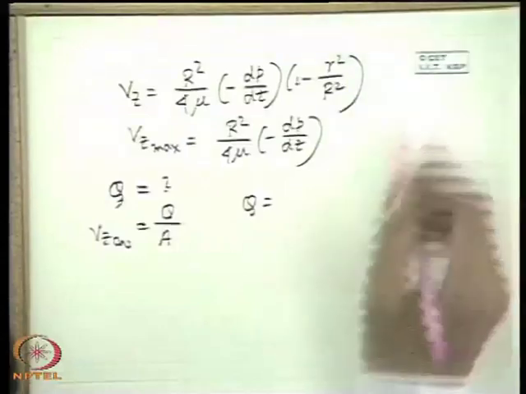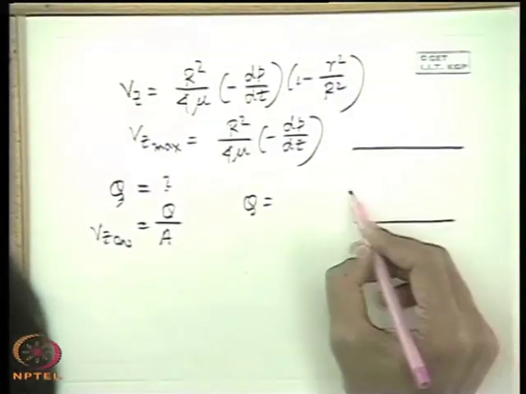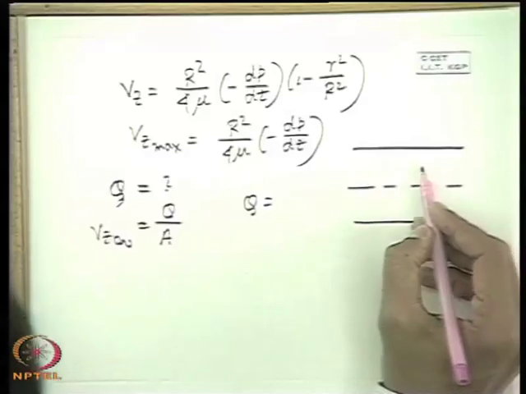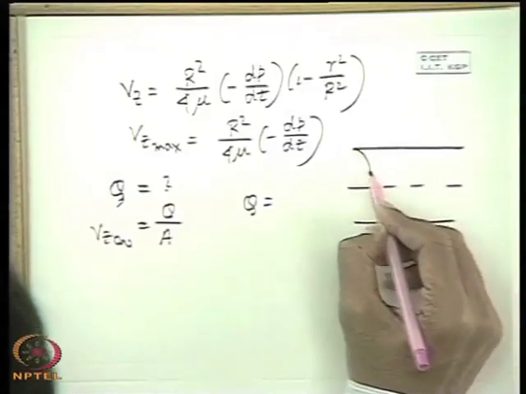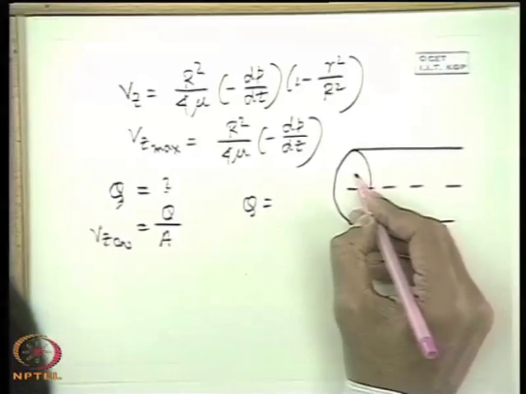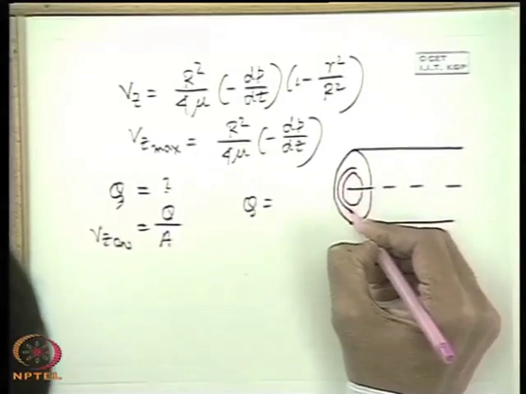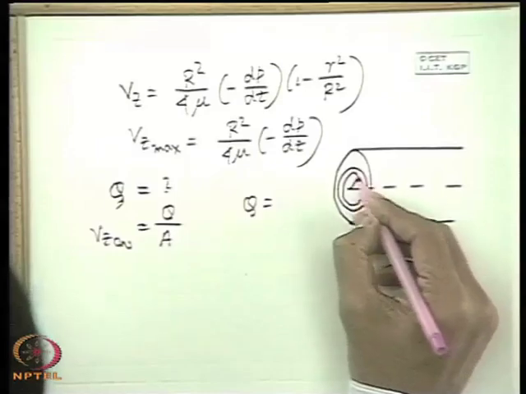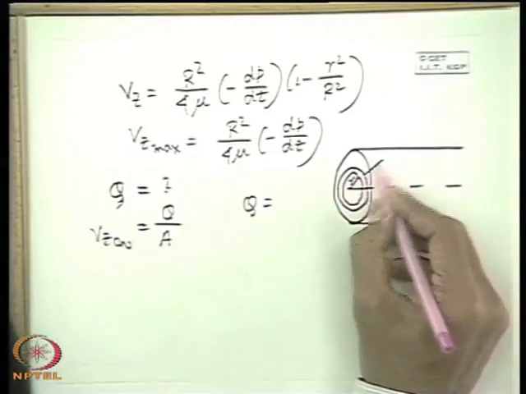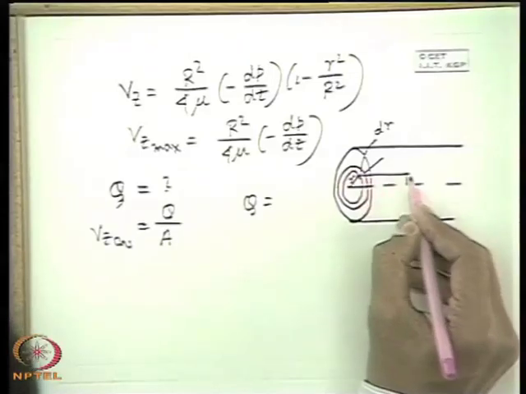Here it is better if I draw it like this. This is the circular cross section, and at any radius r you consider an elemental ring of thickness dr. That means this is the radius r.